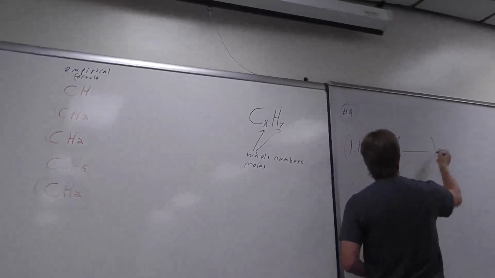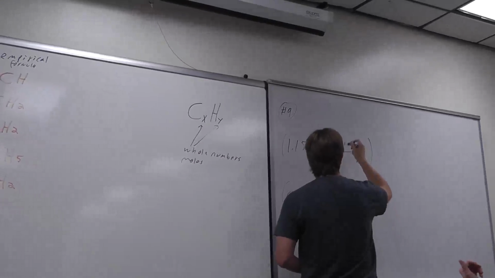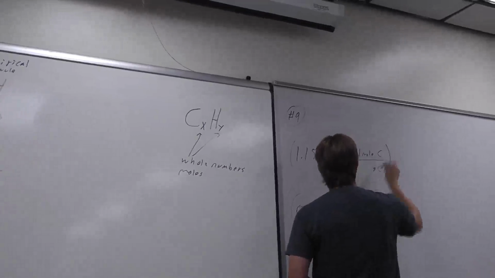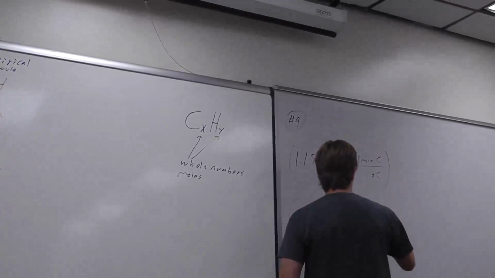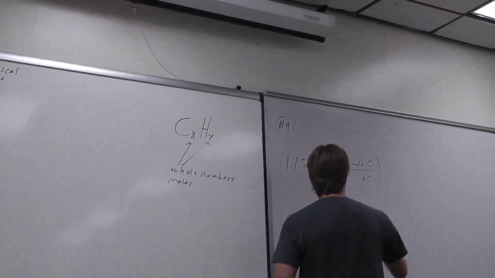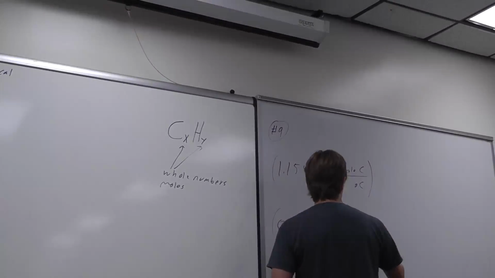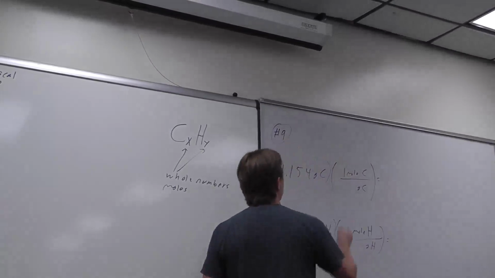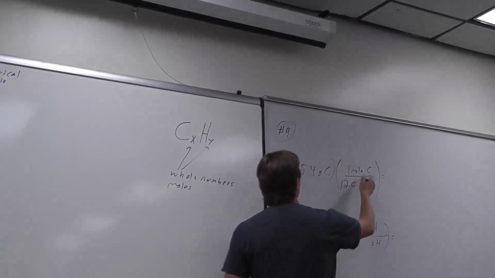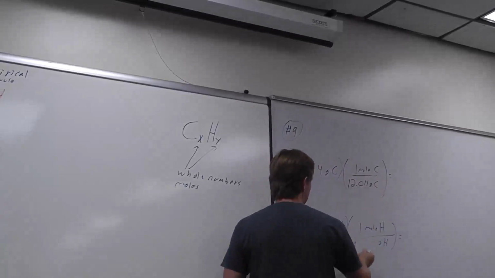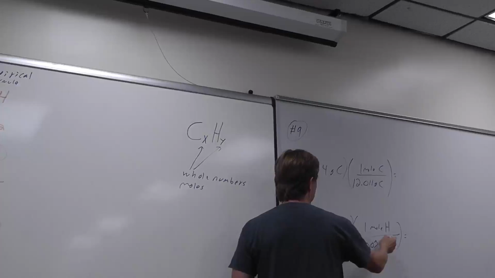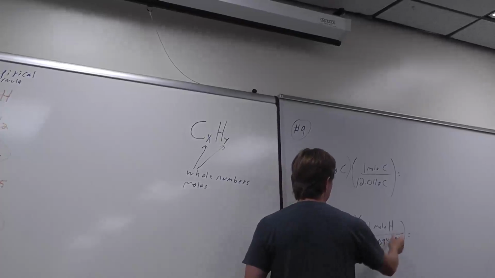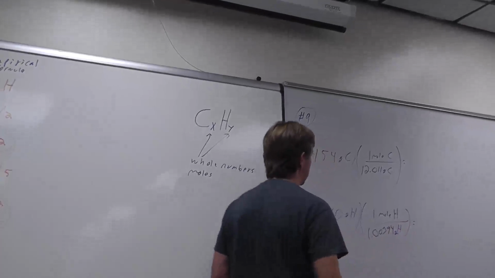To convert from grams to moles, we go to the periodic table. One mole of carbon would be 12.011 grams. 1 mole of hydrogen is 1.00794 grams.